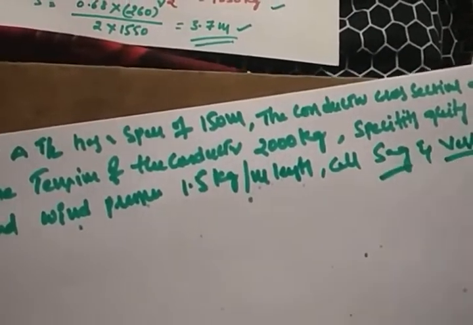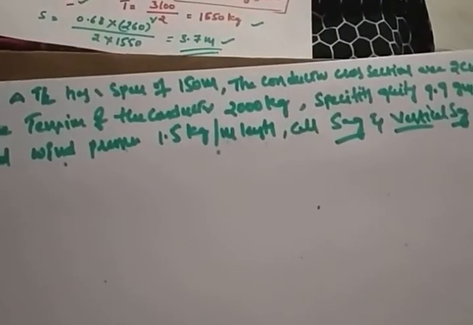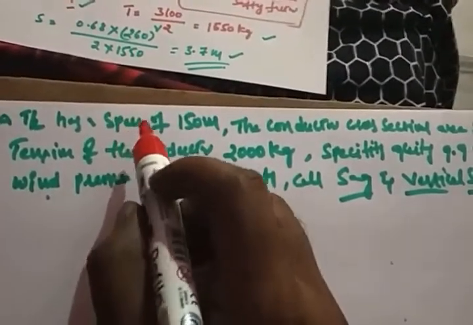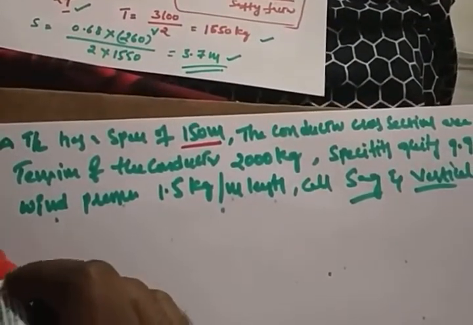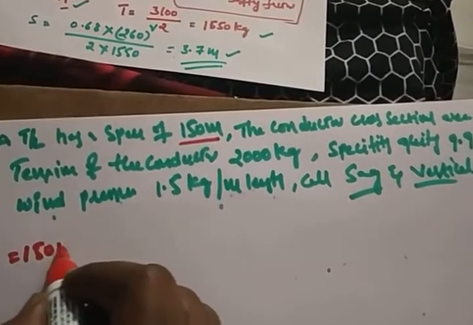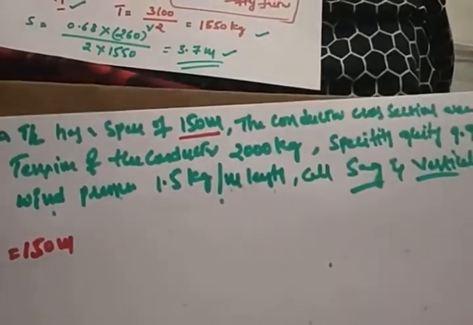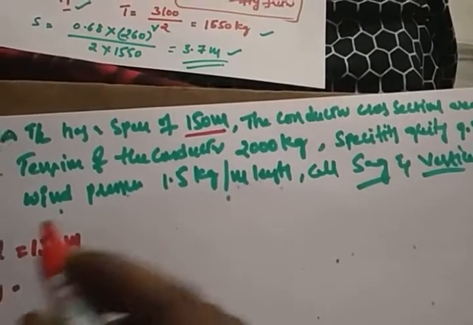First you have to study the problem, right? The transmission line having a span of 150 meters. So length is equal to 150 meters. The conductor cross-sectional area is given, 2 centimeters square. So whatever this is, first you have to note it down.